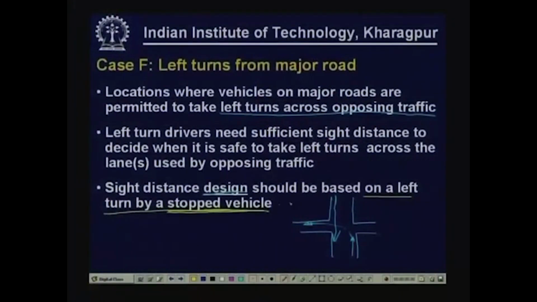So, if the available side distance is sufficient to satisfy this requirement, then automatically it will satisfy the requirement of those drivers which will take left turn without stopping. So, that is why it is based on a left turn by a stopped vehicle.